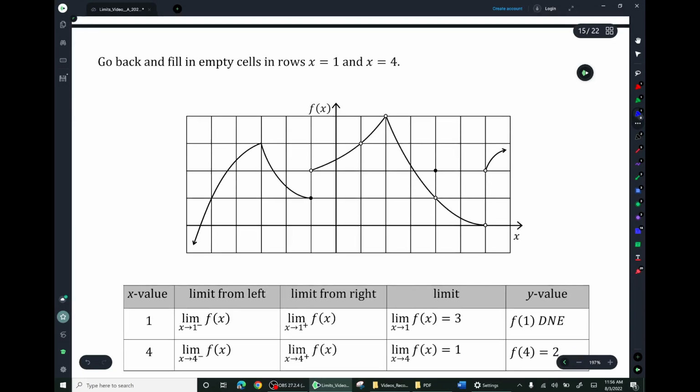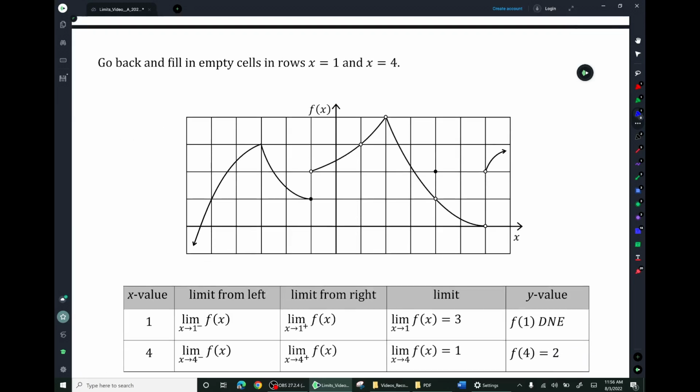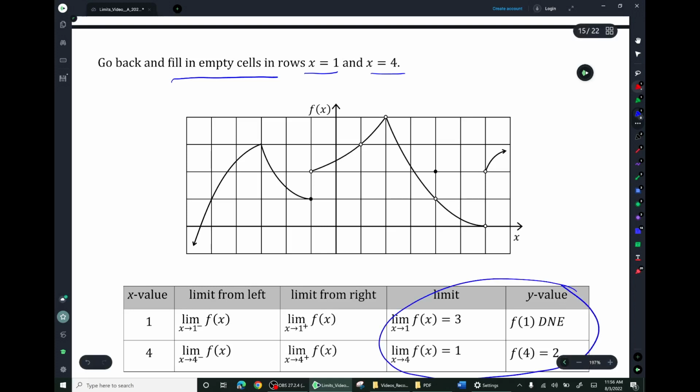Let's go on. Well, now we can go back and fill in the empty cells in the table in the rows where x equals 1 and x equals 4. Remember that when we filled in those rows before, we filled in these cells, but we did not fill in these cells. We'll now realize that we can fill those cells in.